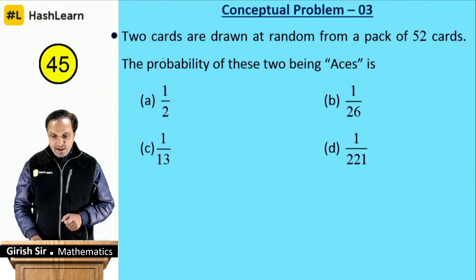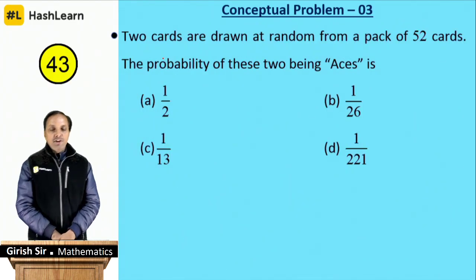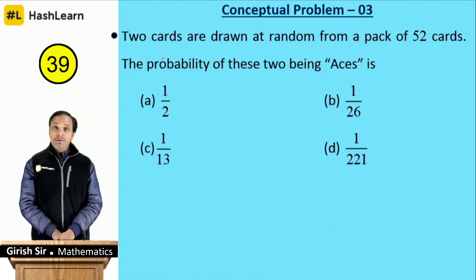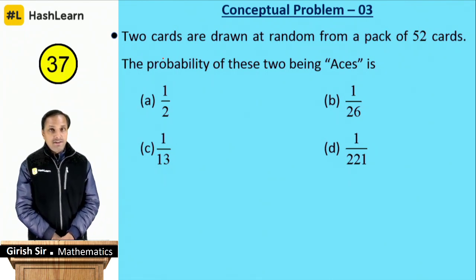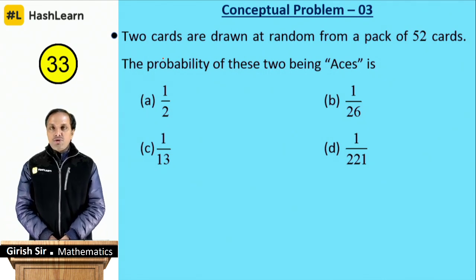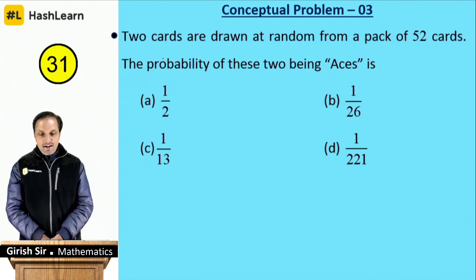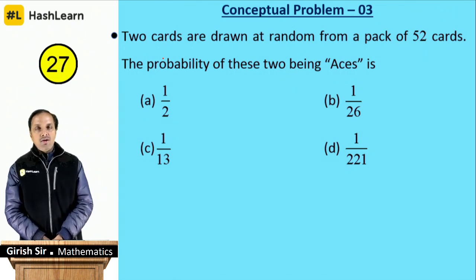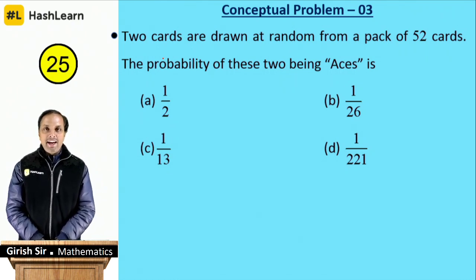So next numerical is here, and a very important problem on cards. You will have a total of 52 cards. You know, jokers are not considered when you talk of cards. So out of 52 cards, you are drawing 2 cards, and they are asking you to find the probability that those 2 drawn cards are aces.